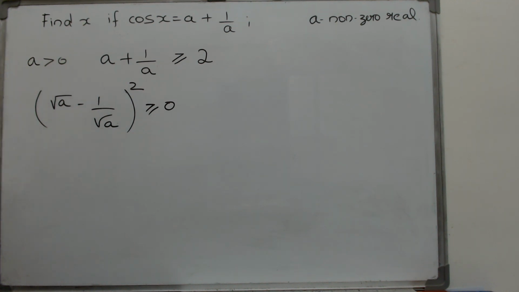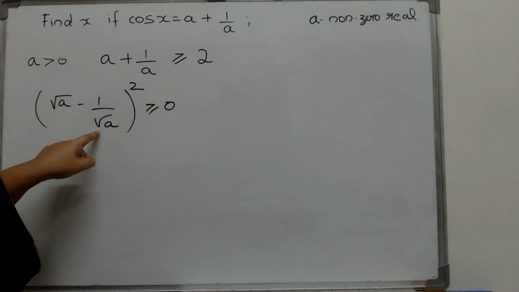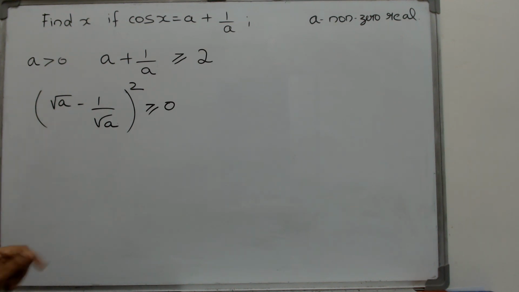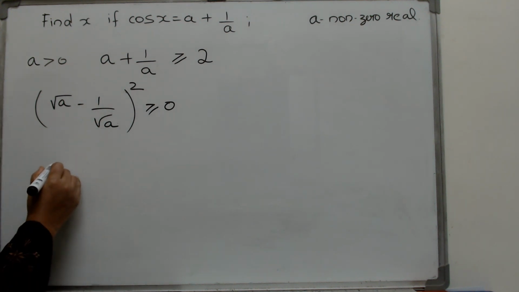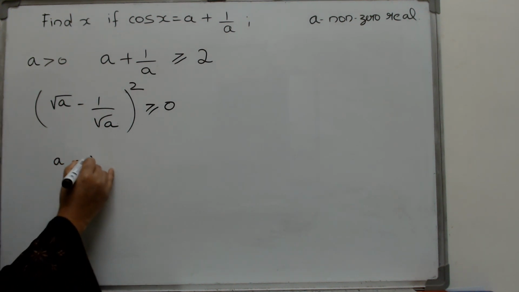If you take a negative a, the square root of a is not going to be possible. You cannot take the square root of a negative number. It exists, but it is not real. It goes into the complex realm. So we are doing this because we are taking a positive a. Then what? Apply the (a minus b) whole square formula.